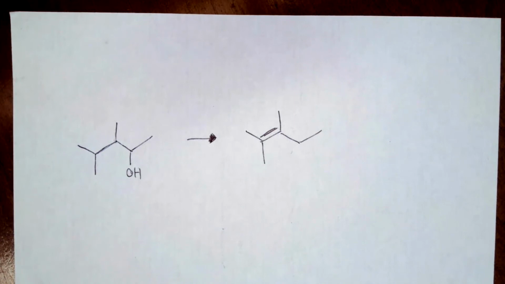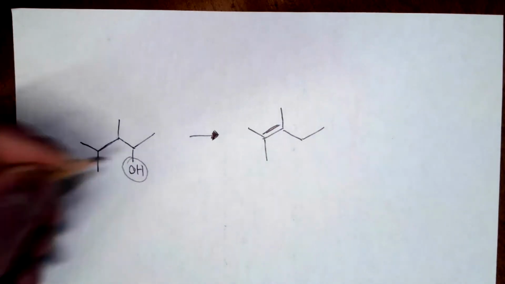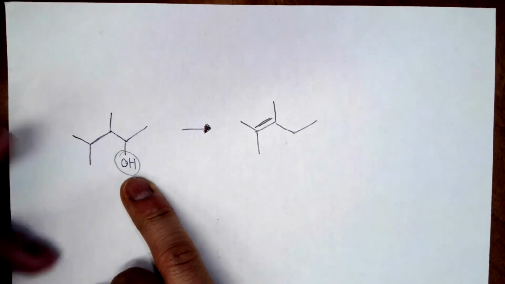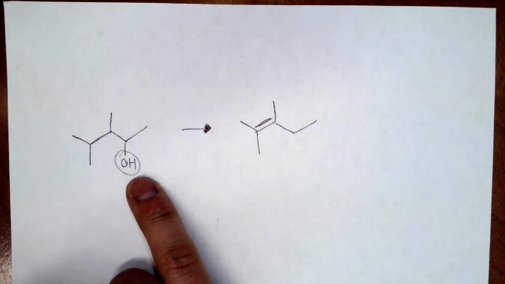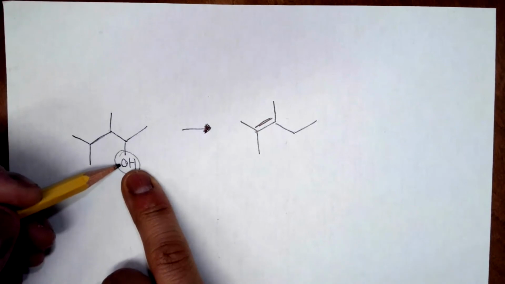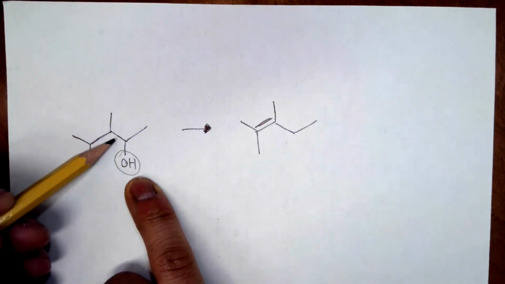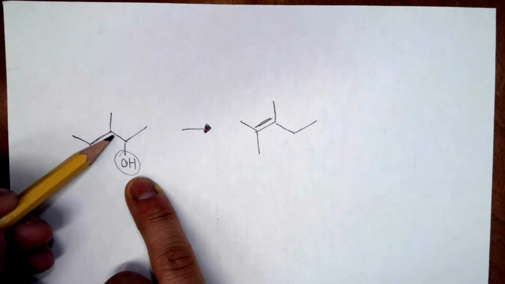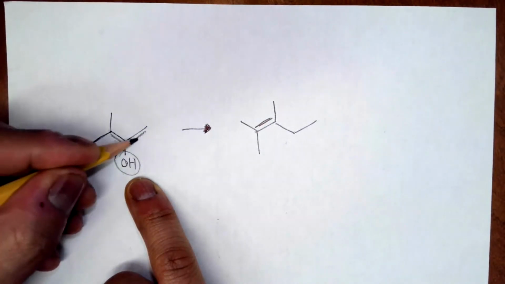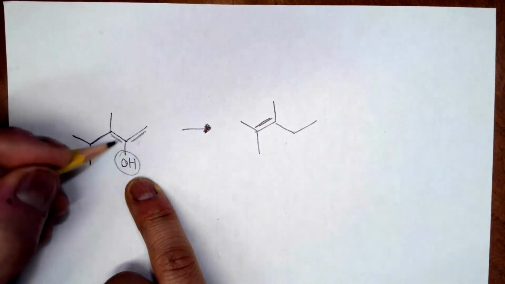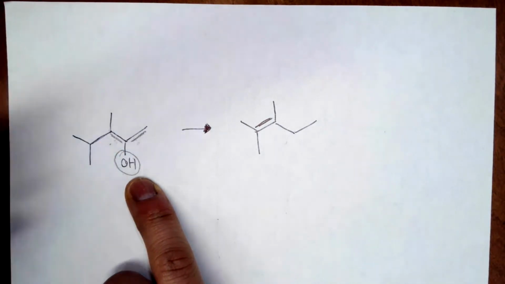Okay, so OH, right? It's a bad leaving group, so I need to make it into a good leaving group. There are different ways to do that. But if I make it a good leaving group, the possible alkenes should be either here or here. Those are technically my possible alkenes.